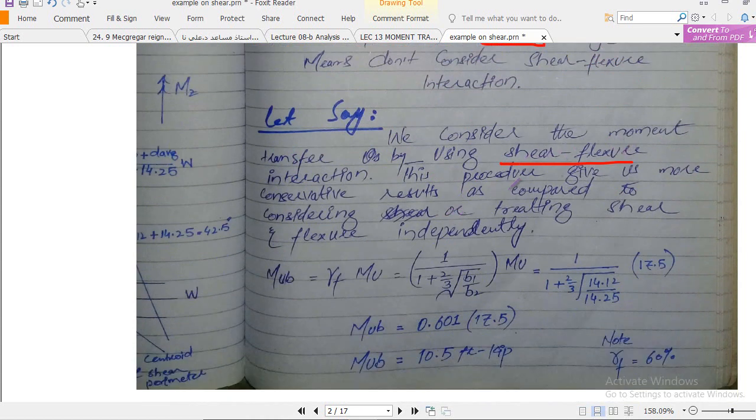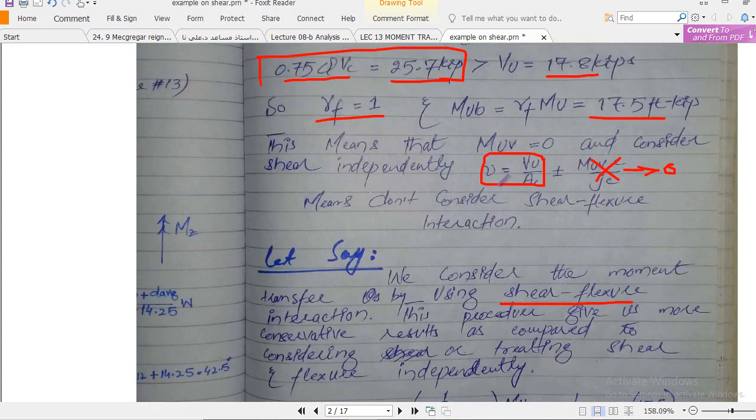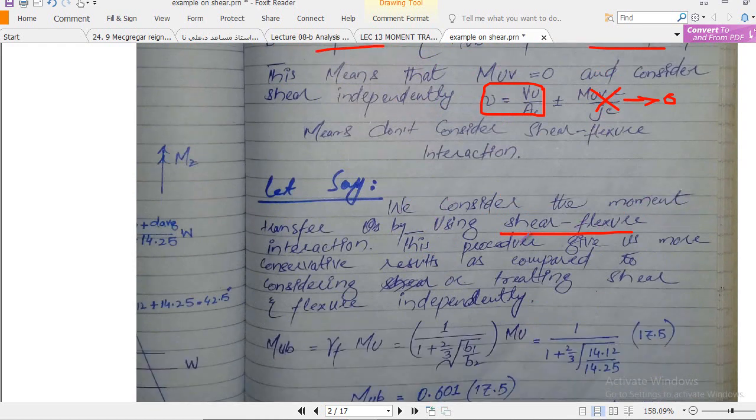This procedure gives us a more conservative result as compared to treating shear and flexure independently. By comparing this procedure with the simplified procedure, shear flexure interaction gives you a more conservative result.